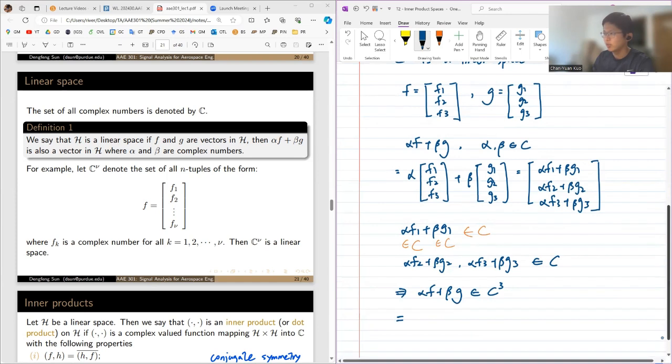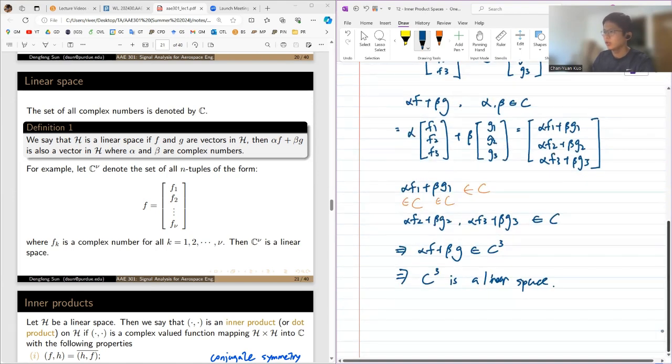And this means that C^3 is a linear space. And you can further show that this holds for all positive integers n. So this implies that C^n is a linear space.